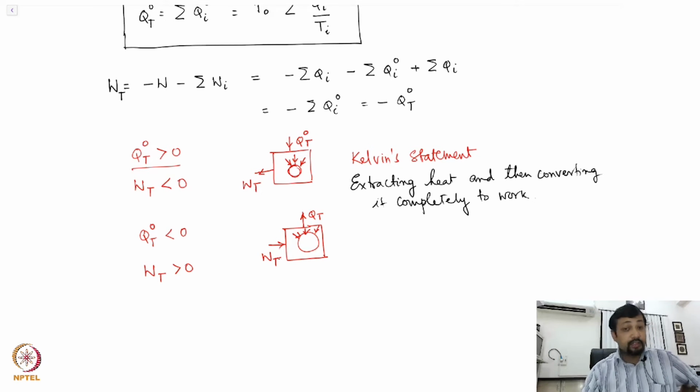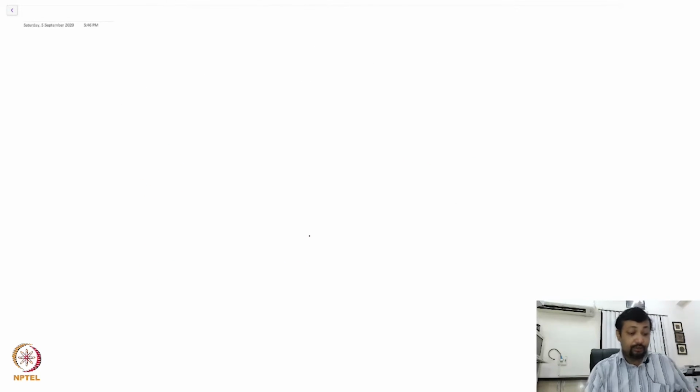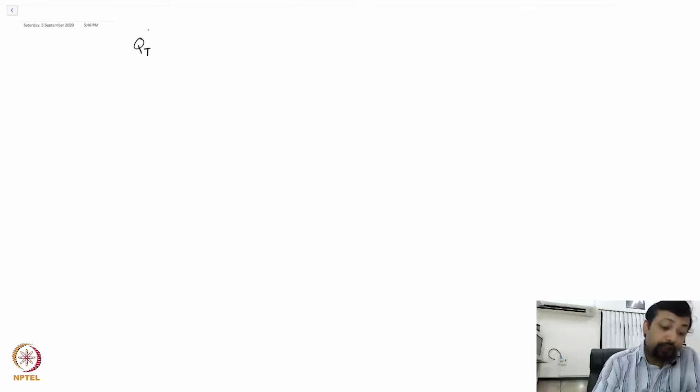In contrast, this does not violate, right? Because there is no thermodynamic principle that says I cannot convert work into heat. Therefore, it follows that Qt0 must be less than 0.